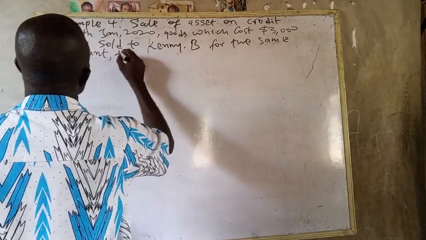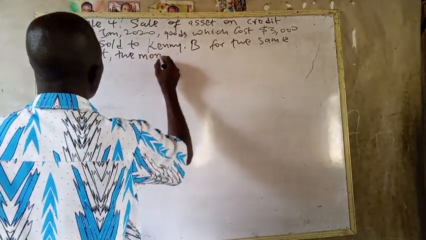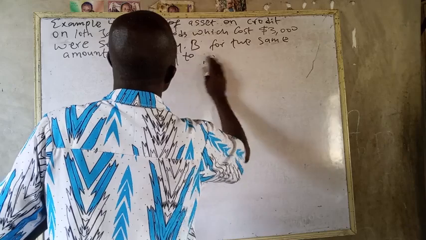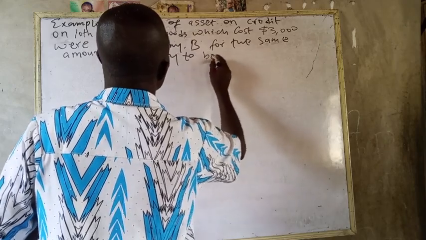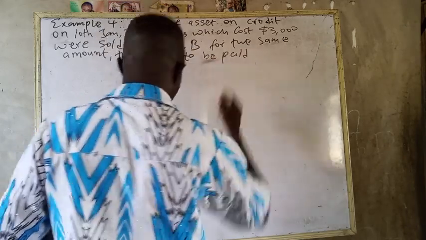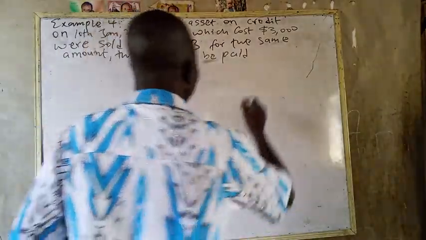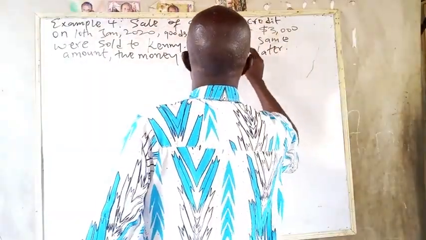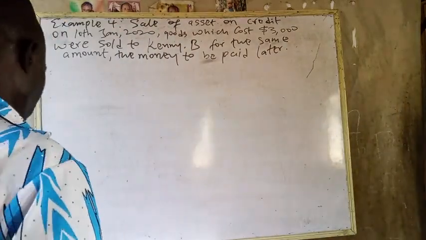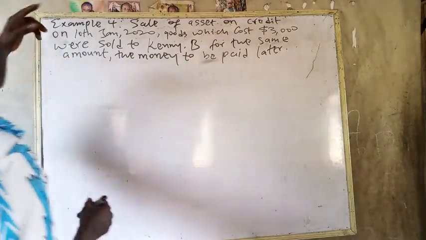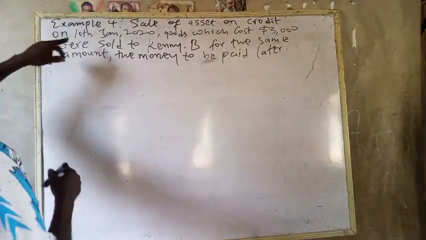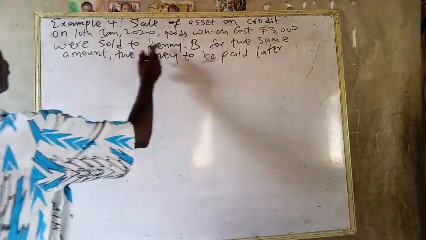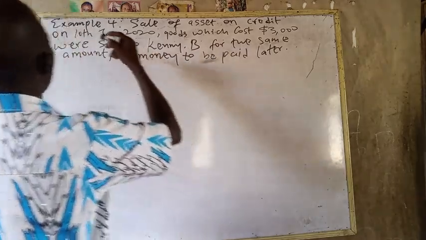The money to be paid later. On 10th January 2020, goods which cost $3,000 were sold to Kelly B for the same amount.